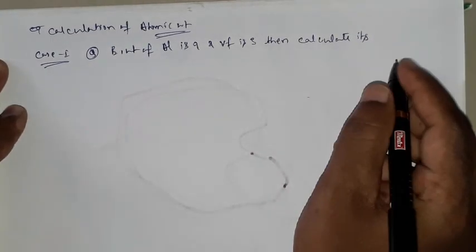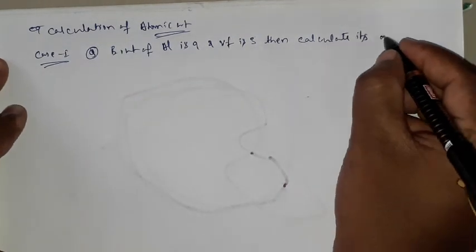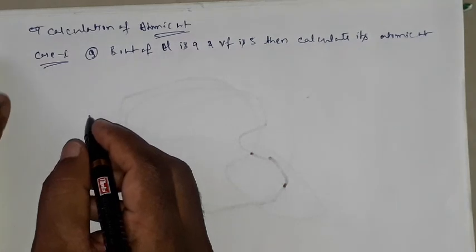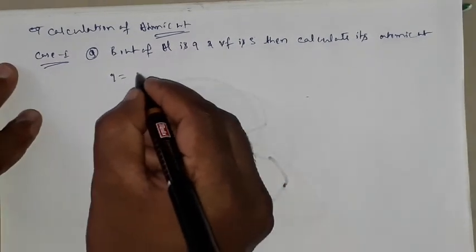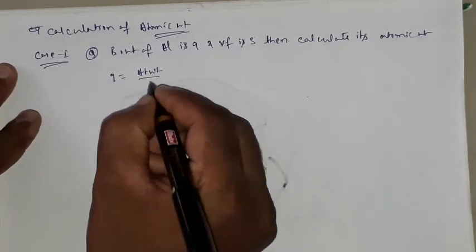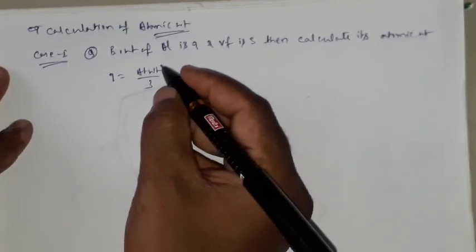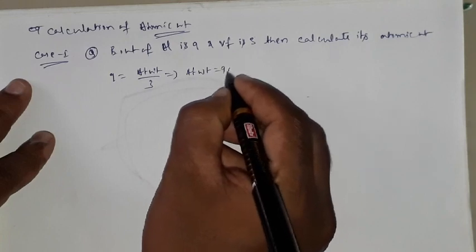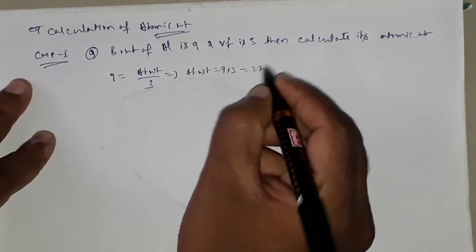Calculate its atomic weight. Then 9 equals atomic weight by 3, so atomic weight equals 9 into 3, which is 27.